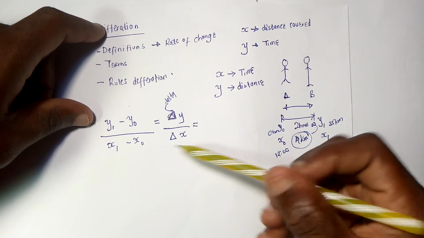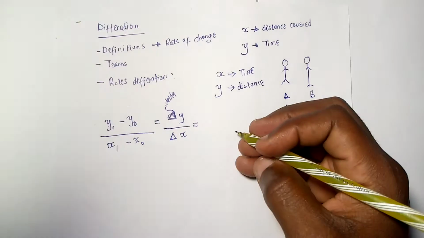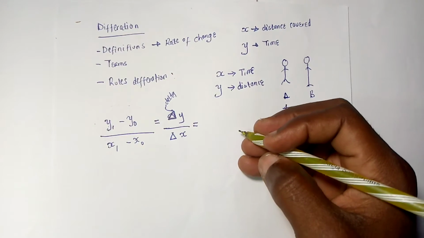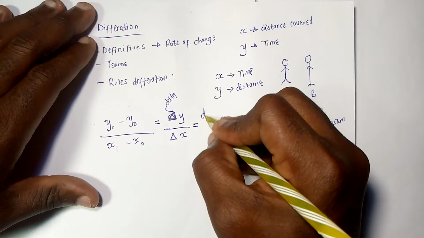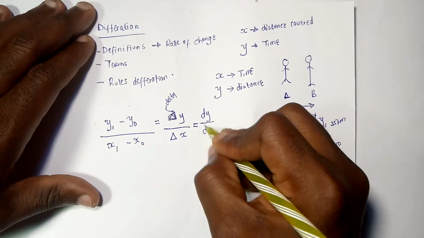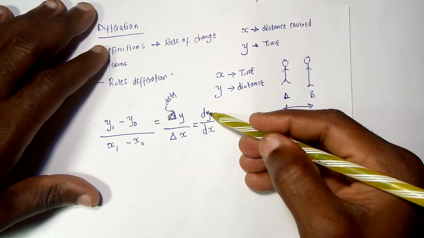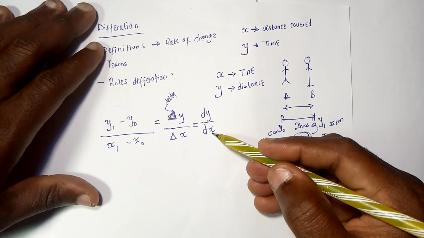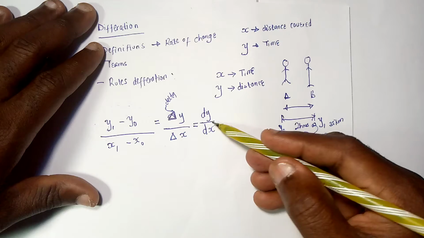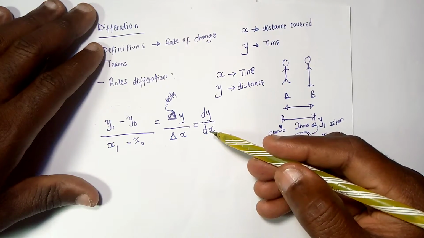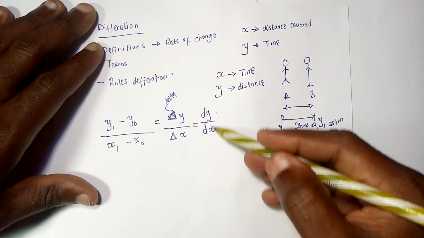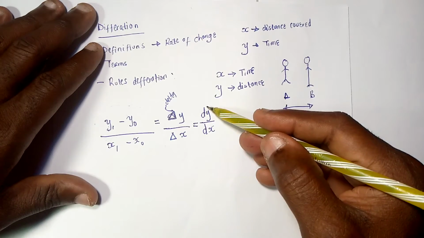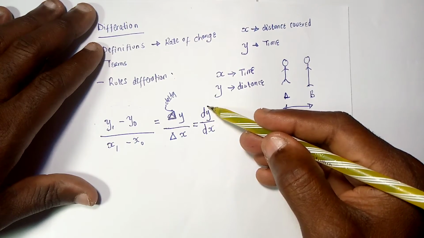Now, if you have to write it in terms of derivatives, or differentiation, you are going to write it the same way: the difference in y over the difference in x, dy dx. We don't say dy over dx, we say just dy dx, which is the rate of change.